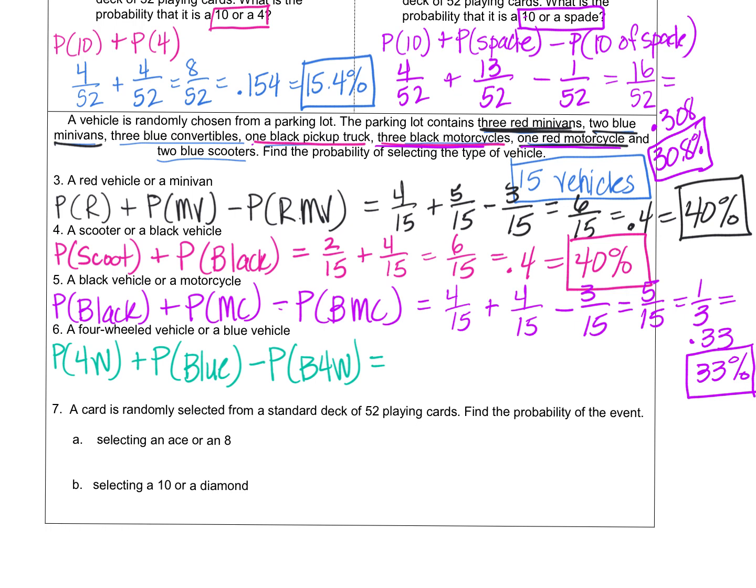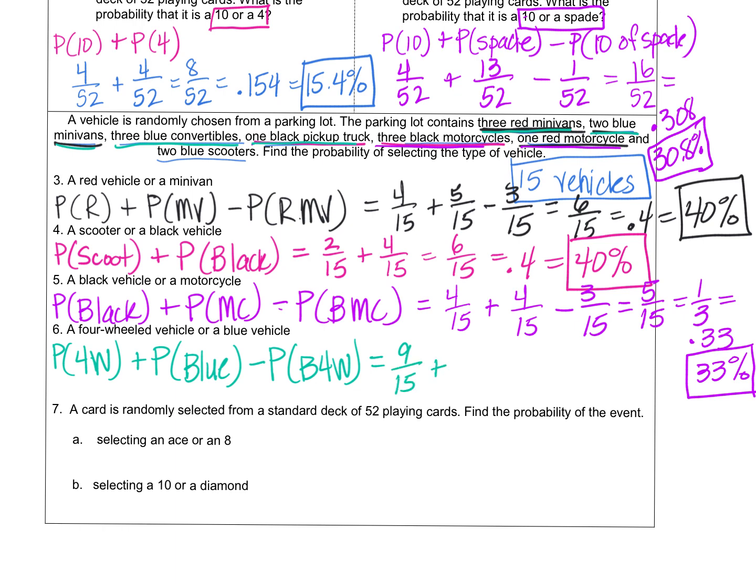And I just keep my abbreviations simple. All right, so how many vehicles have 4 wheels? So we got 3 plus 2. So 5, 6, 7, 8, 9. Nope, nope, nope. So we got 9 out of 15 that have 4 wheels.